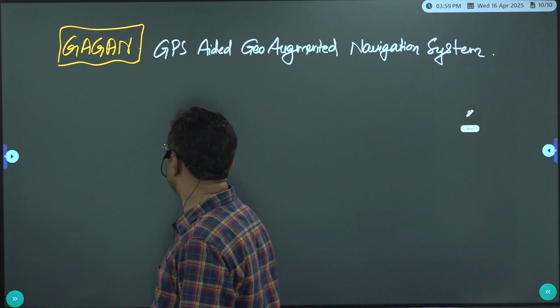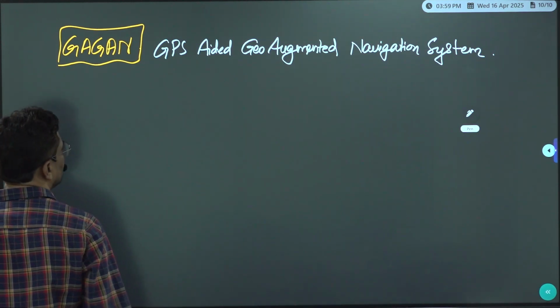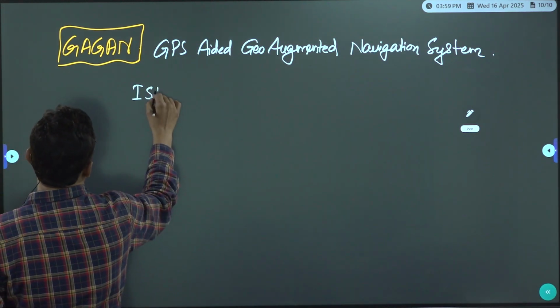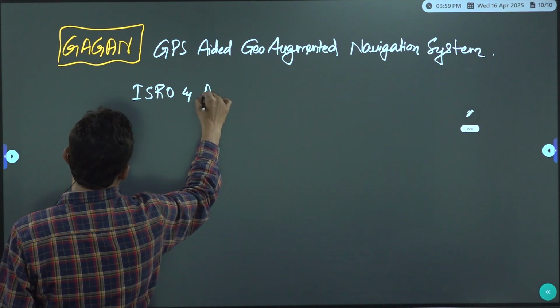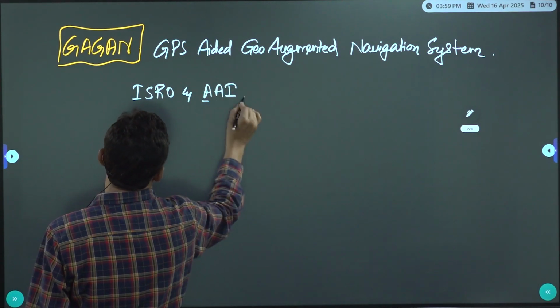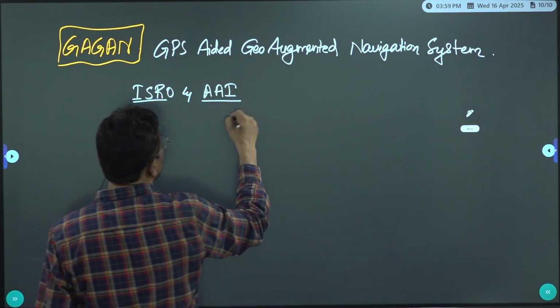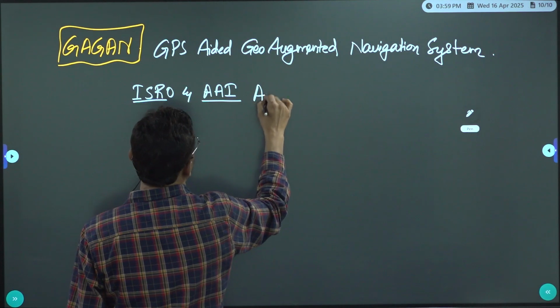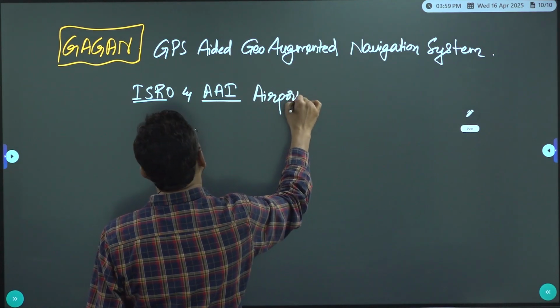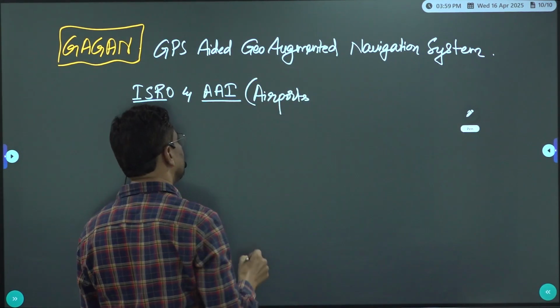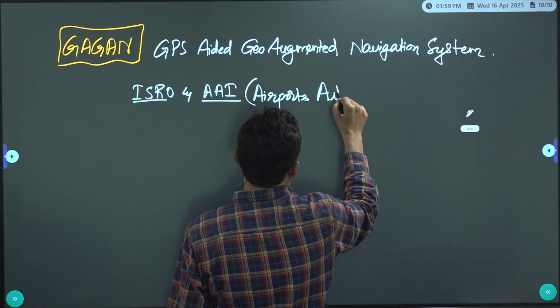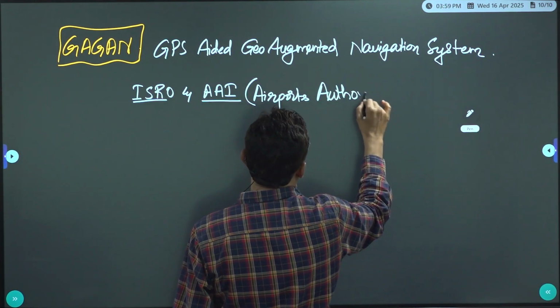That is Gagan. Here ISRO and AAI. AAI means Airports Authority of India.